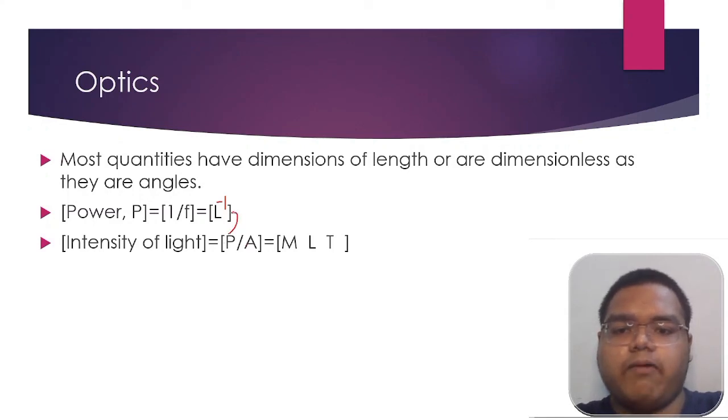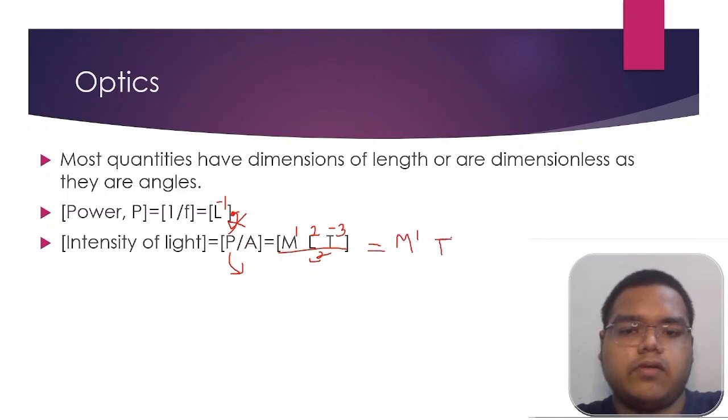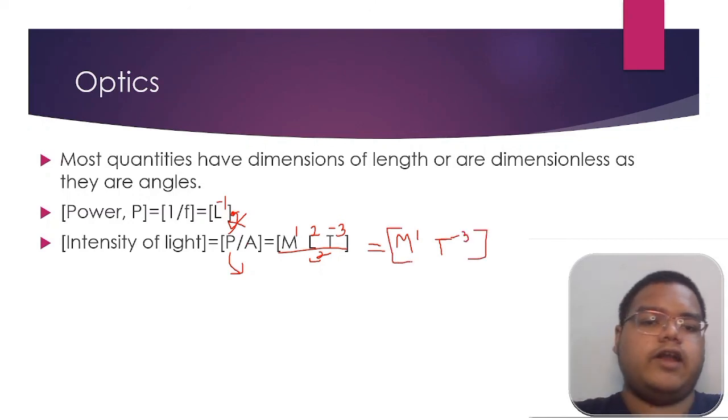This is not that power, but the energetic power, that is M to the power 1 L square T to the power minus 3 divided by area L square, which should come out to be M to the power 1 T to the power minus 3. Okay, done.